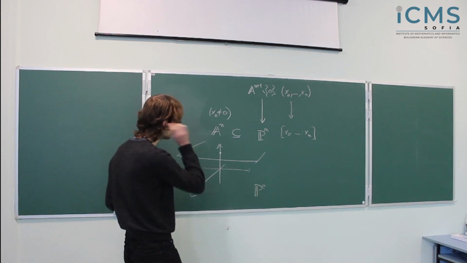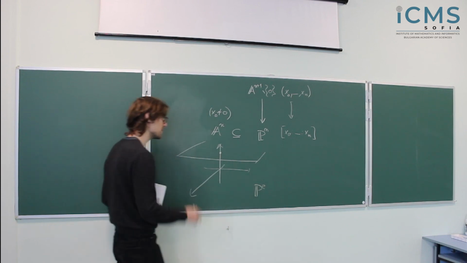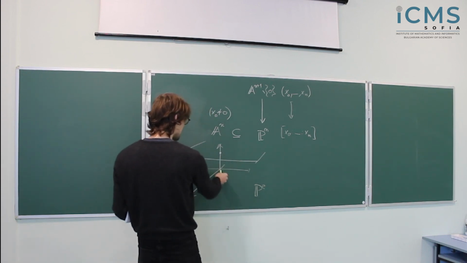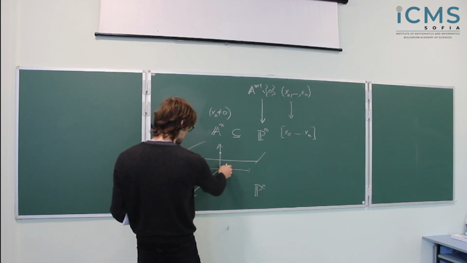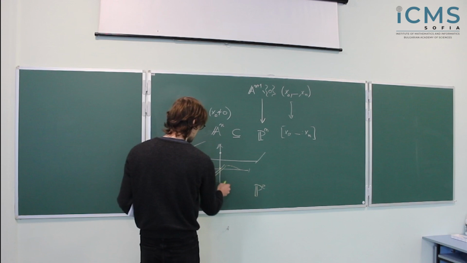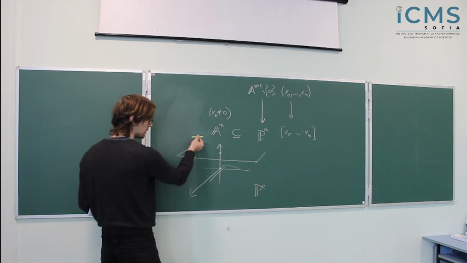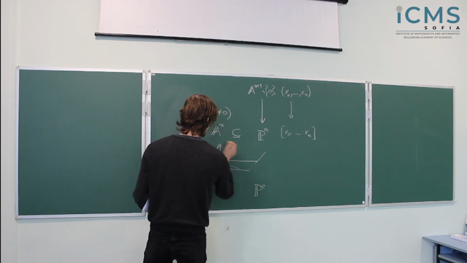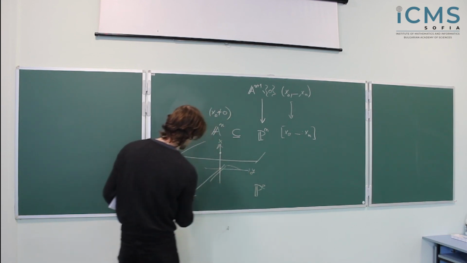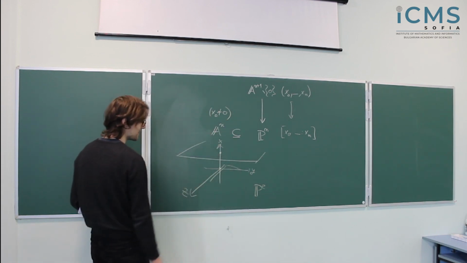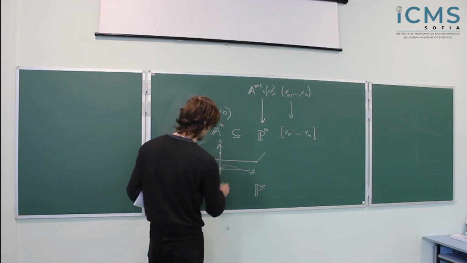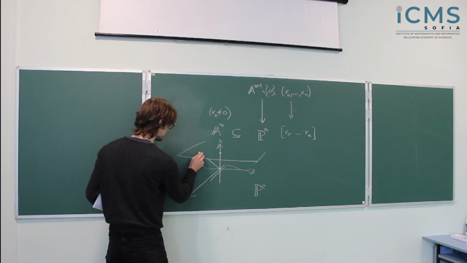Well, we consider every line, and we consider every line as a point of the projective space. So every line which won't be horizontal, which is not contained in this plane that is parallel to this plane here, so let's say this is x, this is y, this is z.